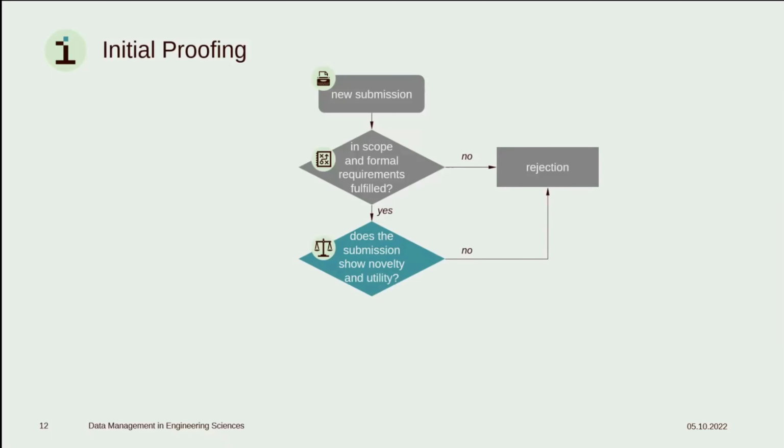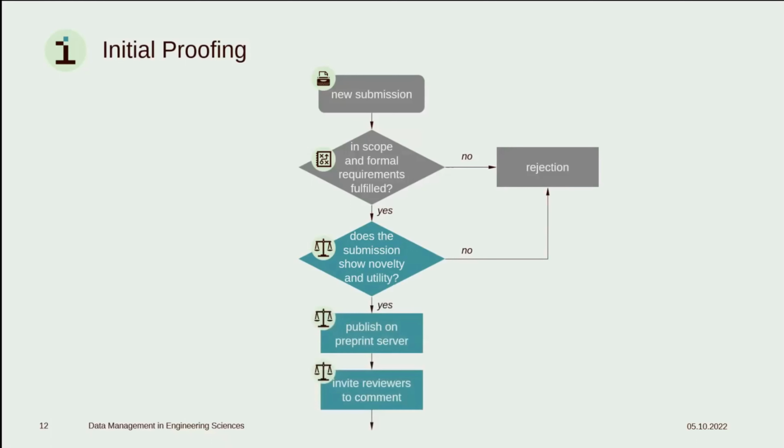And if this is not the case, this may also end in rejection. If the submission is interesting, the topical editor will publish this on the preprint server and invite reviewers to comment.